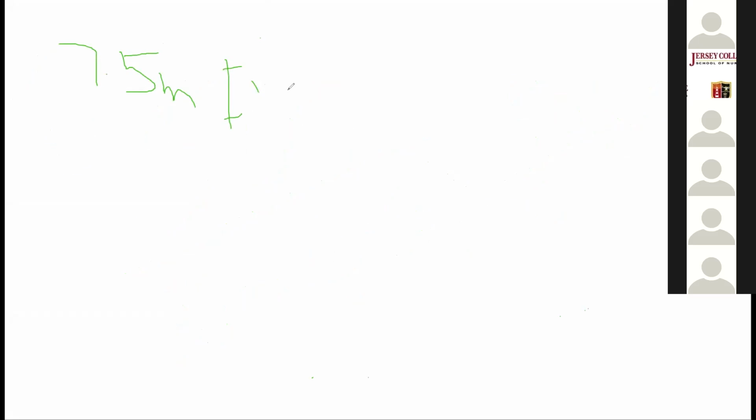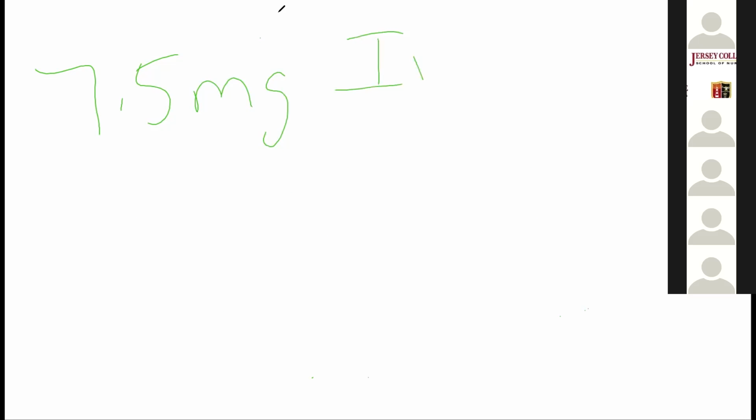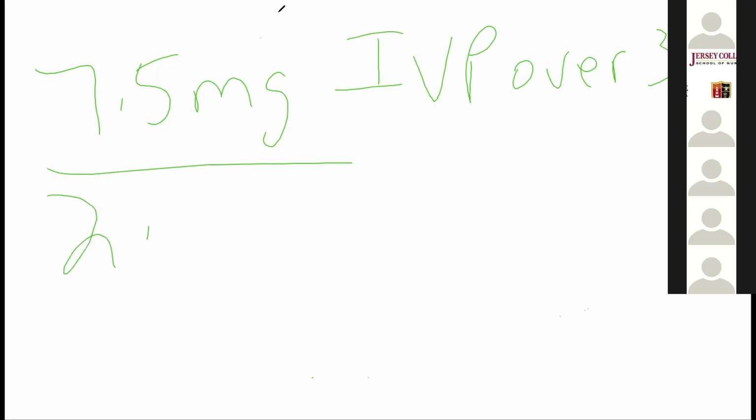Let me see if I can do this by hand so you can actually read it. You had 7.5 milligrams, and it was IV push over 3 minutes. Now, what you had on hand was 2.5 milligrams per mL.